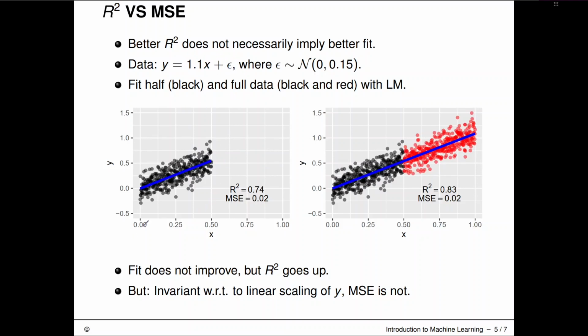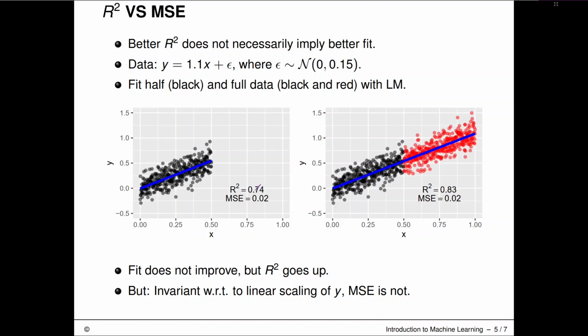I'm restricting the range of my x values from 0 to 0.5, and I'm sampling from this straight line. I'm fitting the linear model, and I'm measuring the R-squared and the MSE. The MSE for that linear model is simply 0.02 and the R-squared is 0.75.